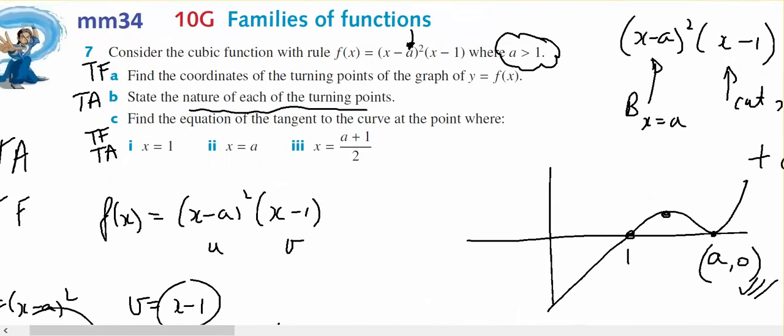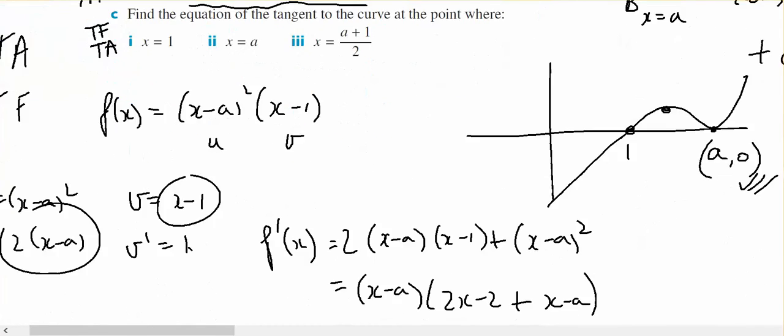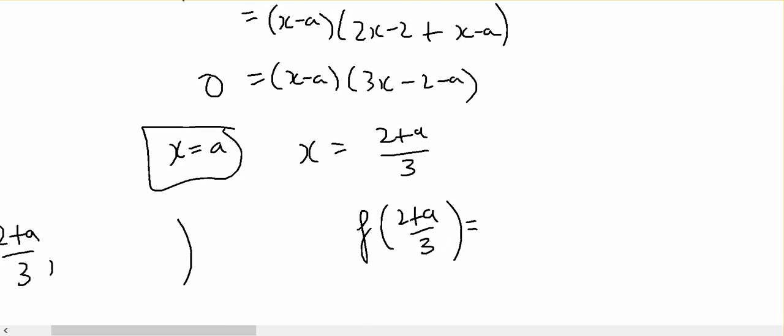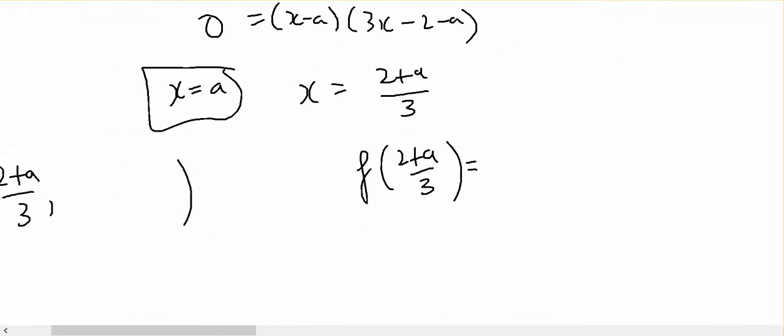This is why this is probably a tech allowed question. So f of (2 plus a) on 3 is going to equal, what have I got, (x minus a) squared.